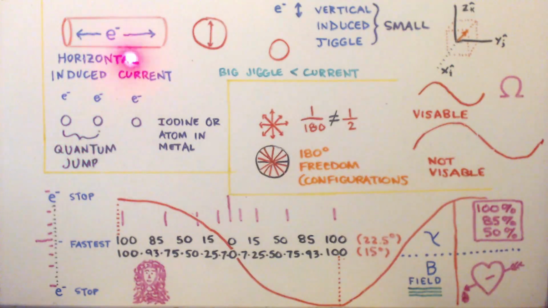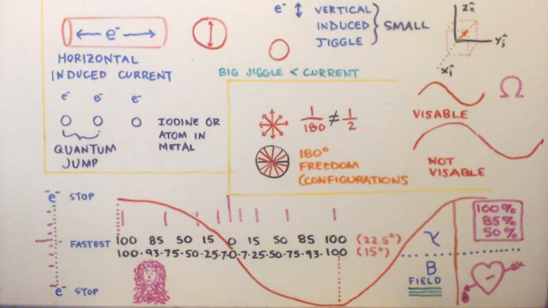But think about this induced current: you have to jump from here to here to here. These are atoms in the metal or iodine, and if you're using a polyvinyl polymer, the electron has to leave its orbit and come all the way over here. The only way you can do this is if you are 100% at 90 degrees.